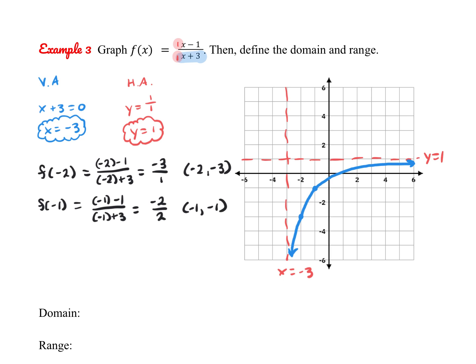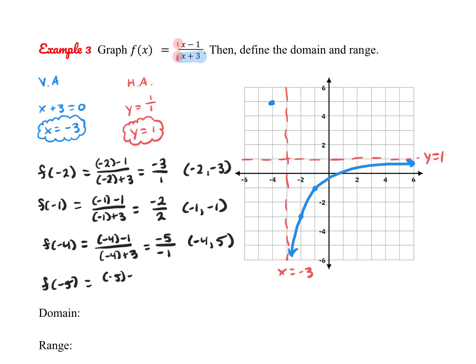Okay, let's do a couple points to the left of the vertical asymptote. So negative 4 minus 1 over negative 4 plus 3 would be negative 5 over negative 1. So we have the coordinate negative 4, positive 5. All right, last one, let's do f of negative 5.